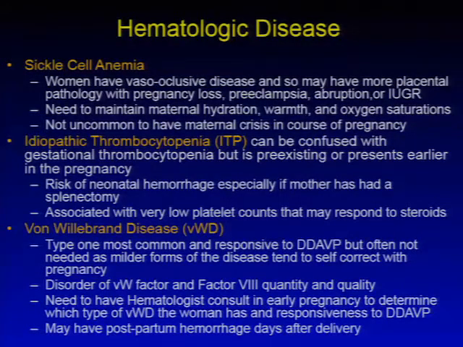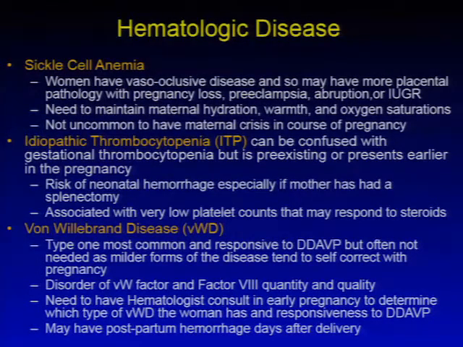Mothers with von Willebrand's disease, there are several different types of this disease. Type 1 is the most common, responsive to DDAVP, but often not needed, as milder forms of disease tend to self-correct with pregnancy. The disorder is one of the von Willebrand factor and factor VIII quantity and quality.